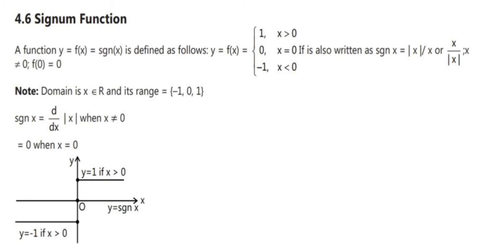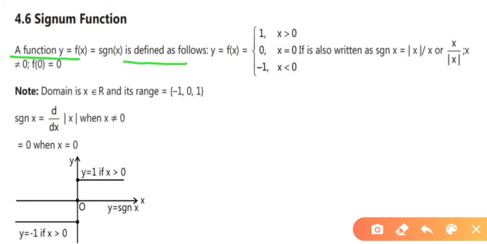Next we move to the signum function. What do you mean by a signum function? A function y equals f of x is defined as follows: f of x equals 1 when x is greater than 0, f of x equals 0 when x equals 0, and f of x equals minus 1 when x is less than 0.